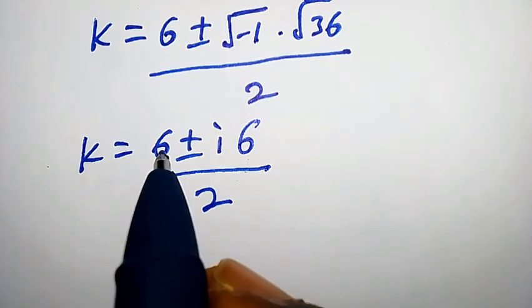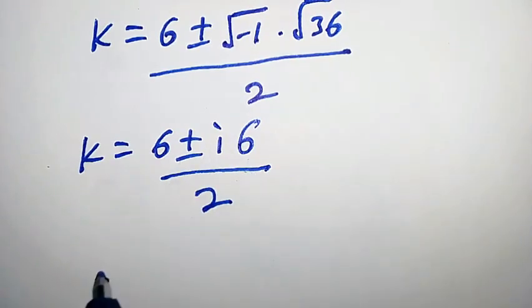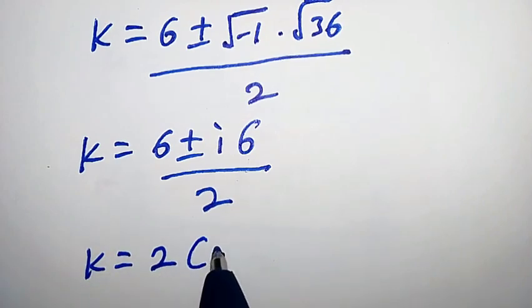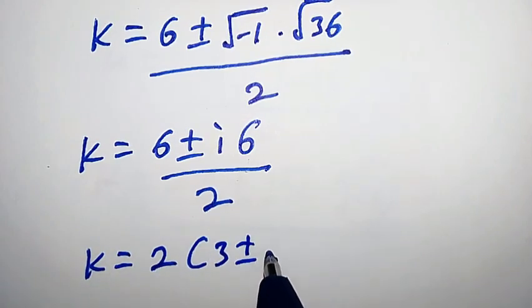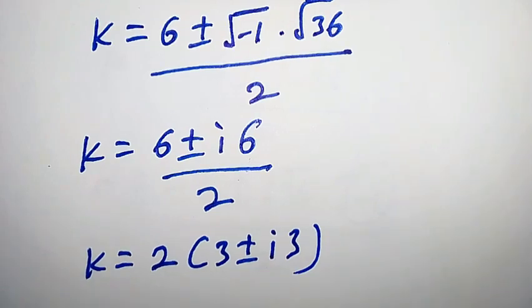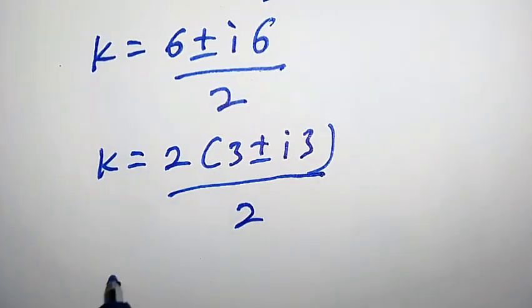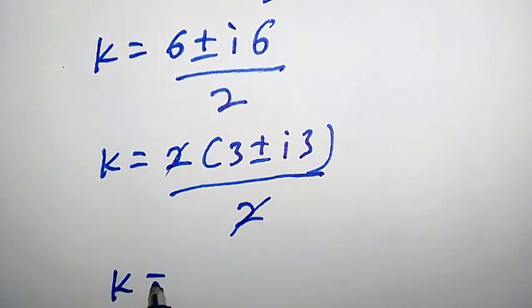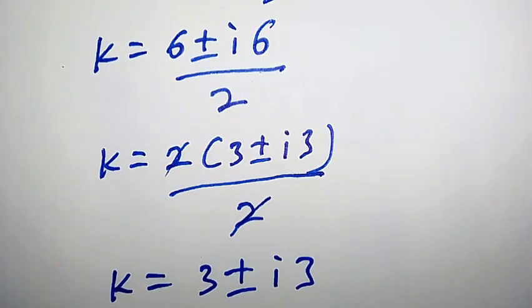It is possible to pull out 2 from this numerator, so we are going to have k equal to 2 times (3 plus or minus i times 3), all over 2. Clearly, 2 cancels 2, so we are left with k equal to 3 plus or minus i times 3.